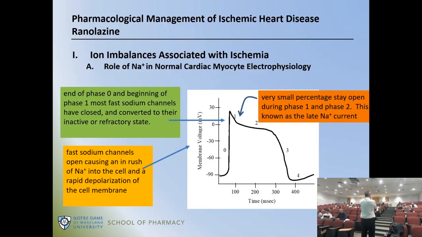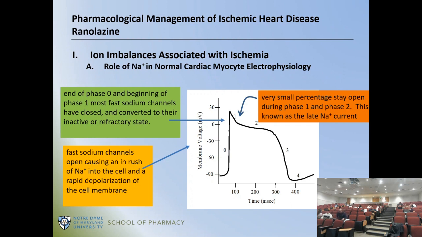Now, when heart muscle tissue experiences ischemic conditions, where it's not getting enough oxygen to meet its demand for oxygen, to do the work that it needs to do, cardiac muscle tissue can become damaged due to lack of oxygen.